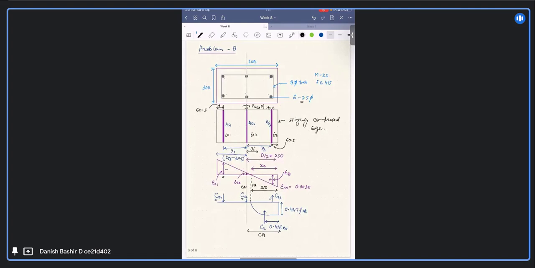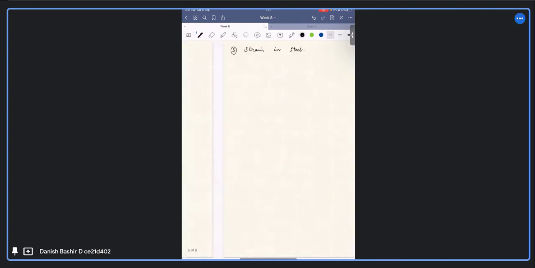Now we have to calculate the strains, the strain in steel. We have three steel rods: epsilon S1, epsilon S2, epsilon S3.